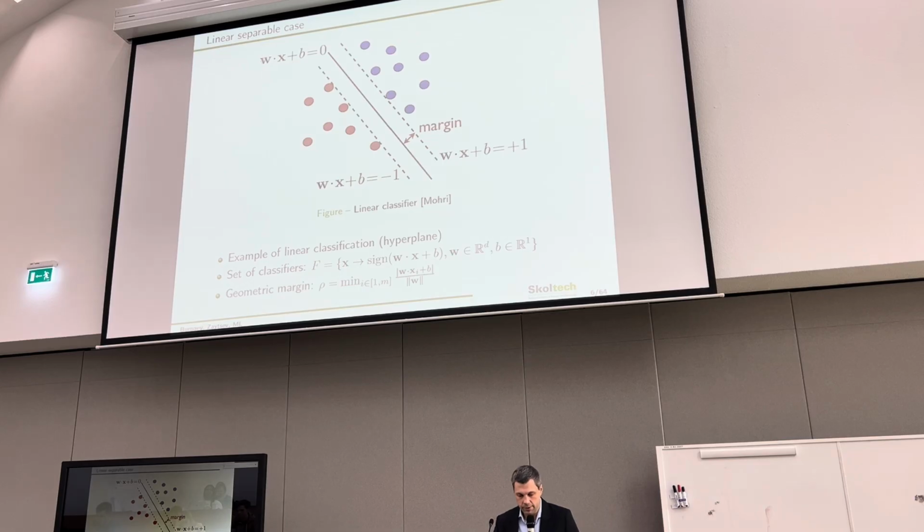So W is a vector perpendicular to this linear hyperplane. And separability means that there is no intersection between observations from the first class and from the second class.